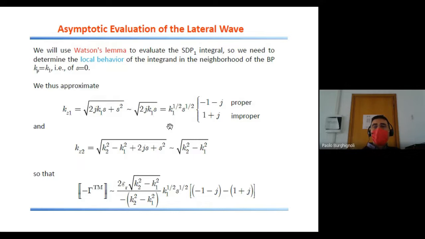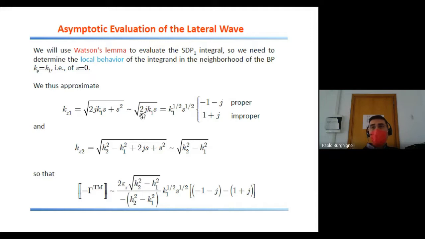So (2K1)^(1/2) times s^(1/2) times minus 1 minus j if we decide to be proper, or 1 plus j if we decide to be improper. That depends on our needs. That is because we are now taking the square root of 2j.